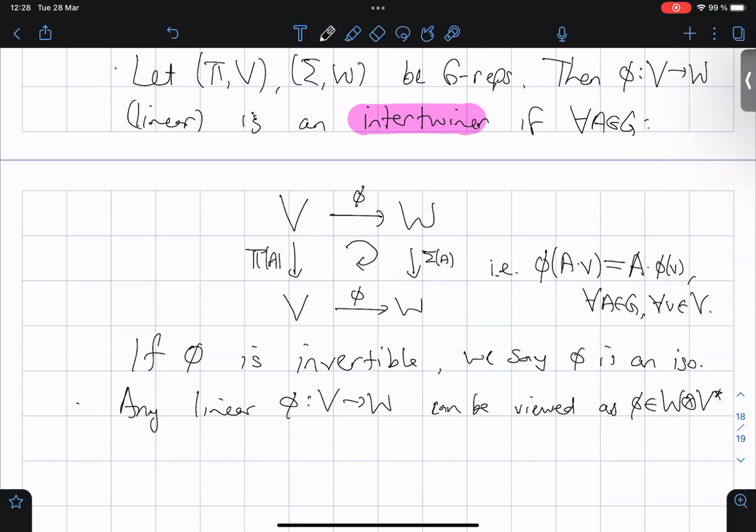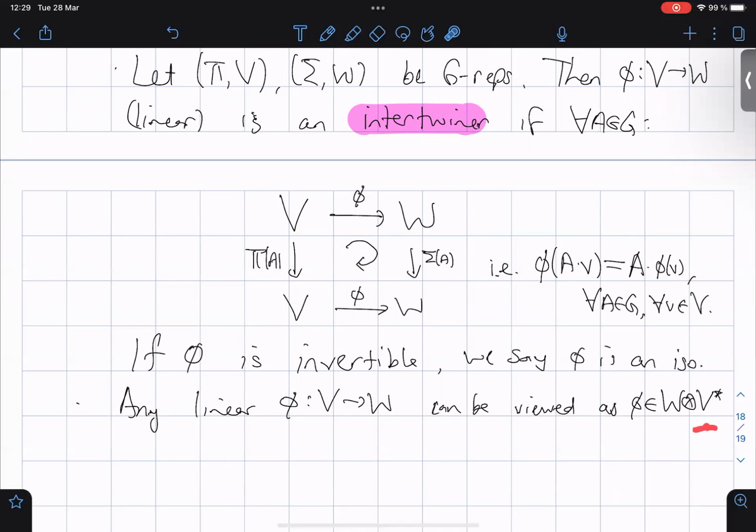Namely, this guy accepts as input a little v in capital V, and it spits out something in capital W. In the same way, if I feed something to this object from V, there's a natural pairing between V star and V. It's just evaluation.